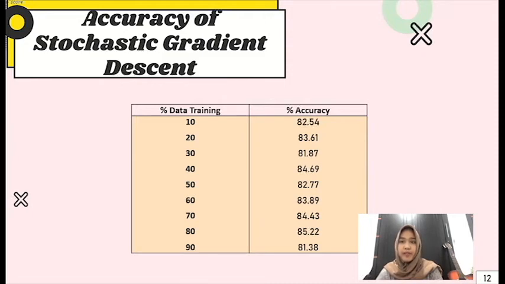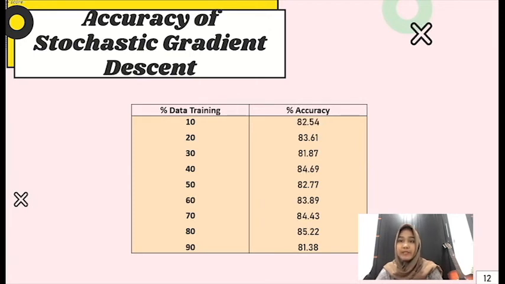it's 84.69%. For 50% training data, it's 82.77% accuracy. For 60% training data, it is 83.89% accuracy. For 70% training data, it's 84.43% accuracy.